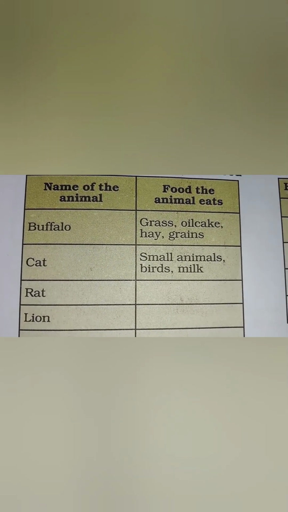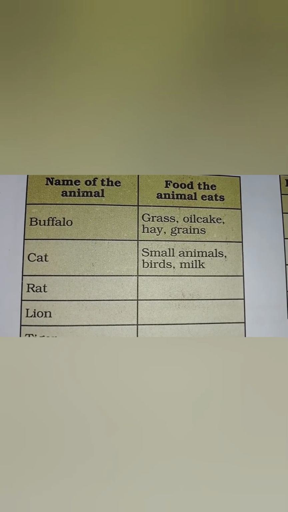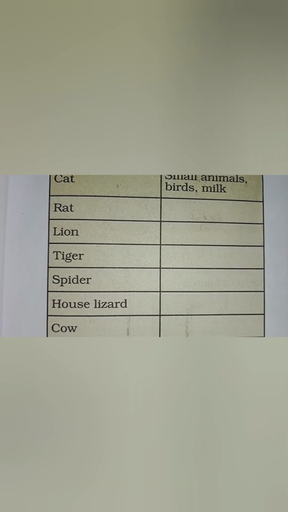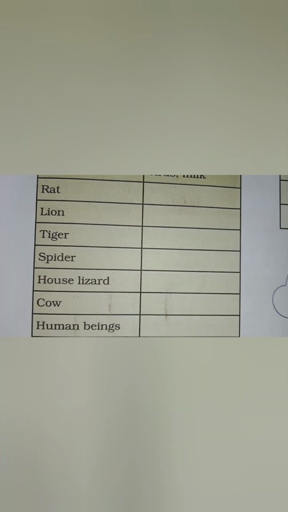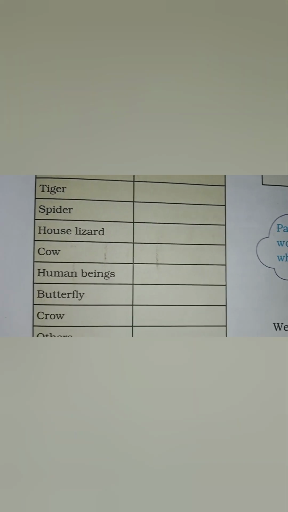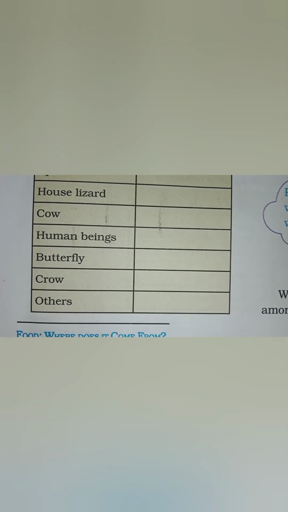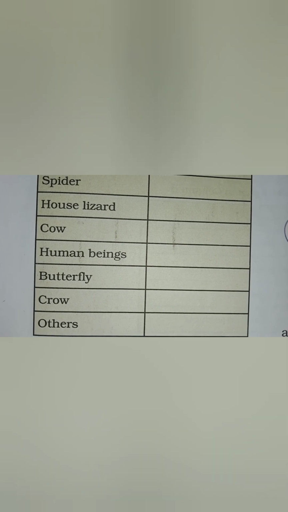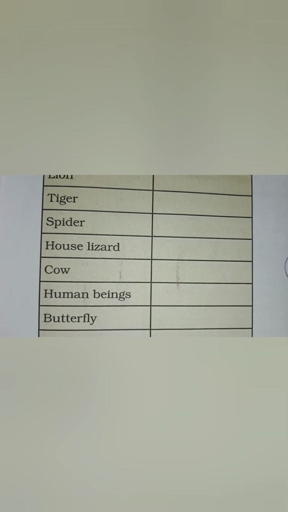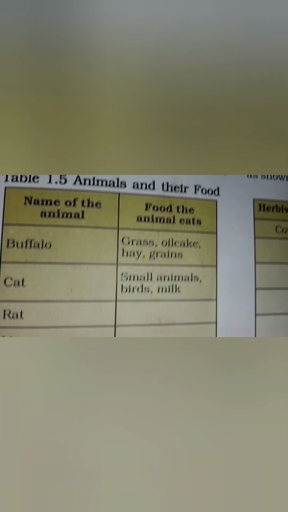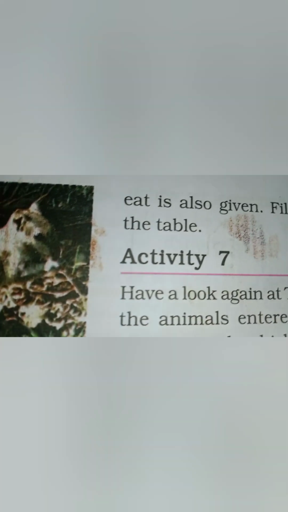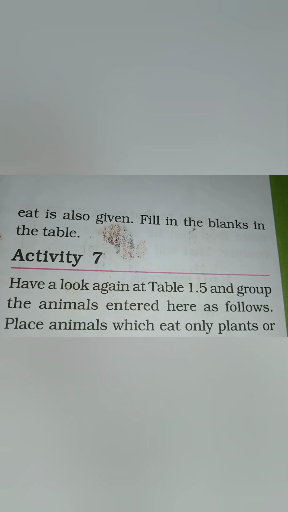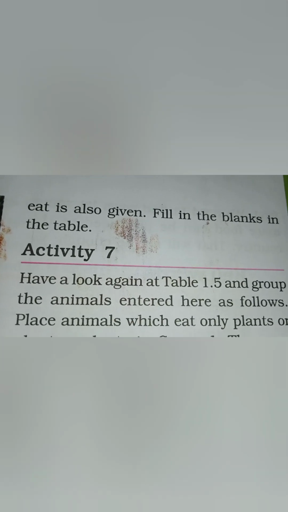Cat: small animals, birds, milk. Rat, lion, tiger, spider, house lizard, cow, human beings, butterfly, crow, others. You can do this activity. Fill in the blanks in the table.